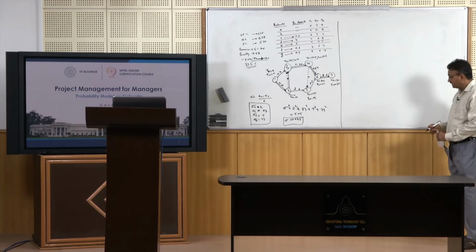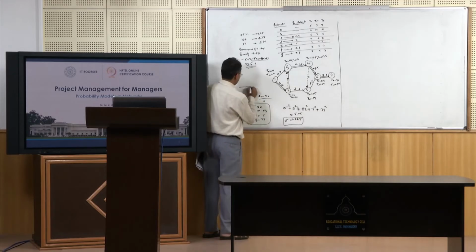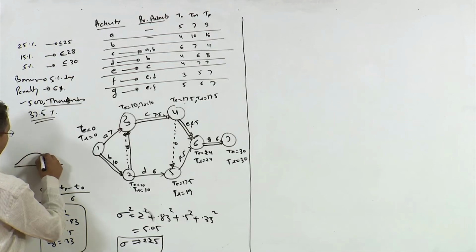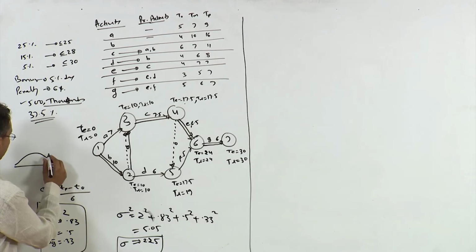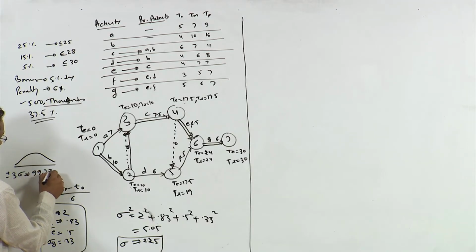I have already told you that the area under the normal curve within plus minus 3 sigma is 99.73%.